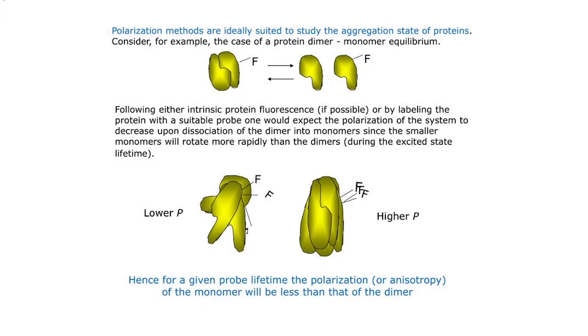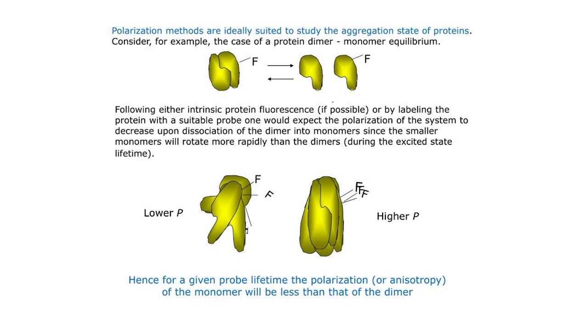Now you see that polarization methods are ideally suited to study the aggregation state of proteins. If we consider the case of a protein dimer-monomer equilibrium, following either the intrinsic protein fluorescence, or labeling the protein with some kind of probes or fluorophores, one would expect the polarization of the system to decrease upon dissociation of the dimer into monomers, since these smaller monomers will rotate more rapidly than the dimers during the excited state lifetime.